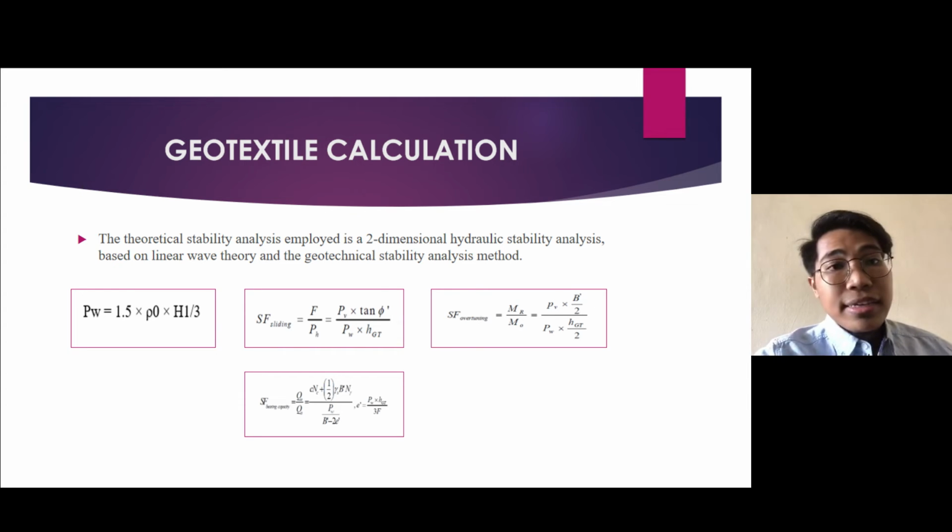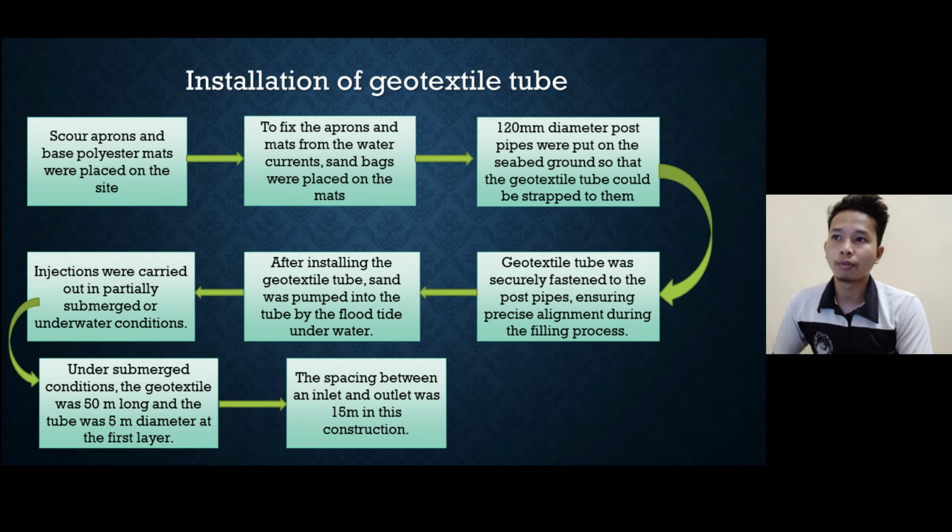Stability analysis was carried out for sliding, overturning, and bearing capacity failure for the stacked geotextile tube, and the results are tabulated in Table 2. As you can see, this is the table for the stability analysis for overturning, sliding, and bearing capacity failure.